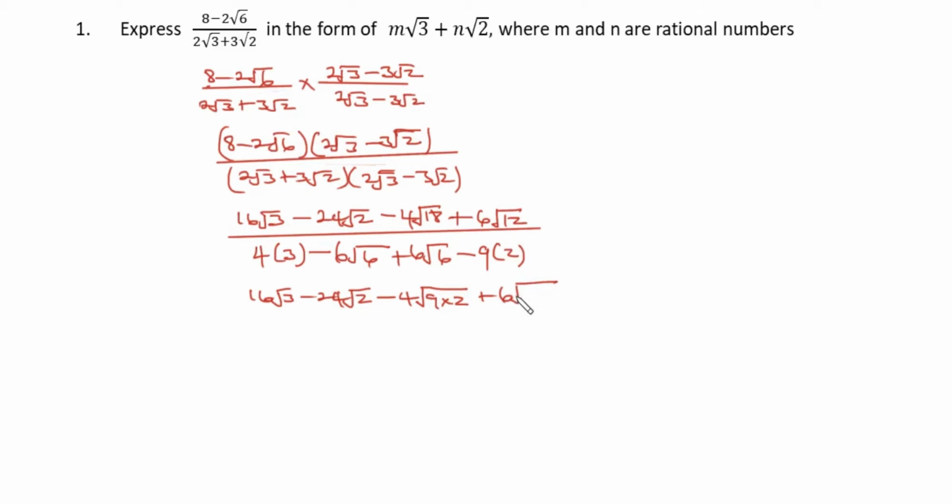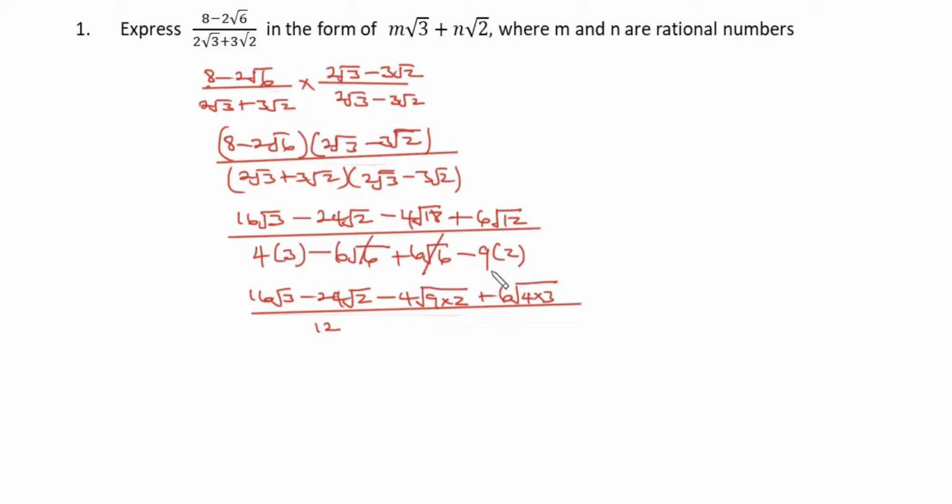4 by 3 gives you 12. So we write our division line. We have here 4 times 3 is 12. And then we have minus 6√6 plus 6√6. This gives you 0, so this cancels.